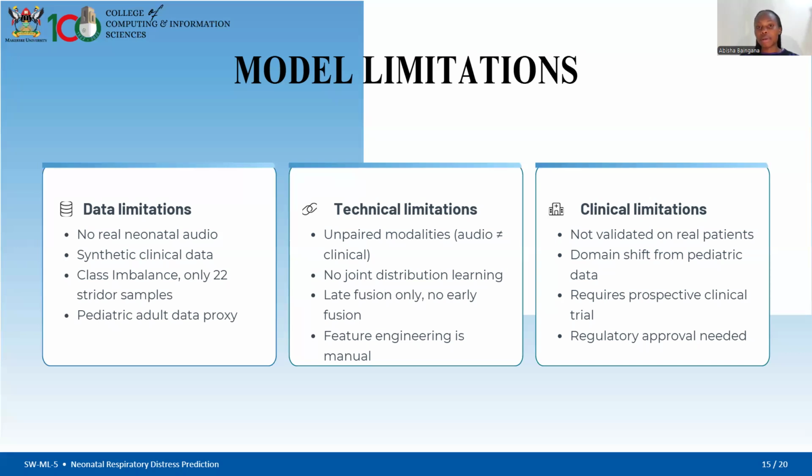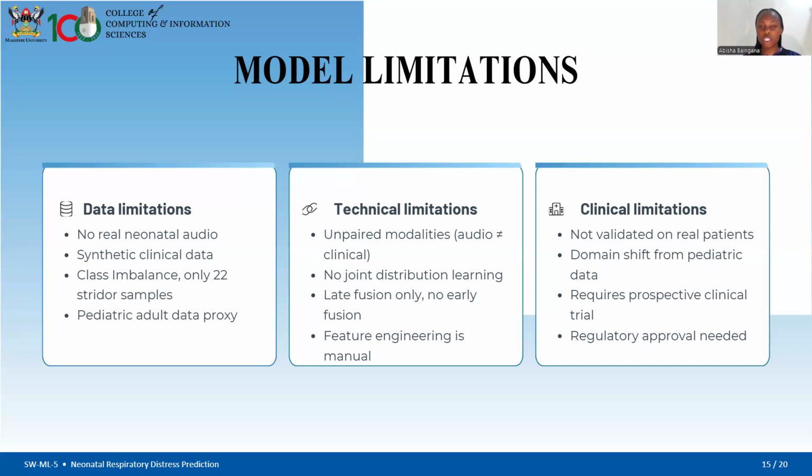And then there is a class imbalance in the acoustic data set, whereby we had only about 22 samples out of the 6,000 plus samples for Stridor, yet it is one of the most important acoustic clinical factors. And then we have the pediatric adult data proxy, whereby the data was leaning more towards the adults than the neonates.